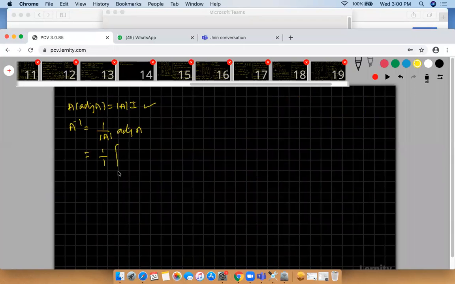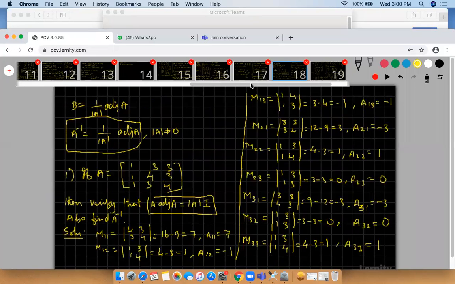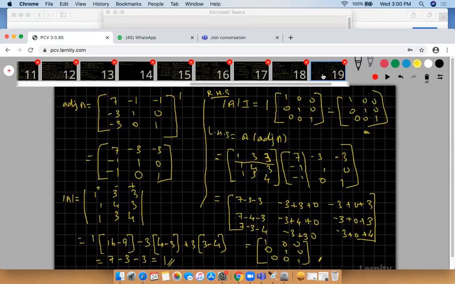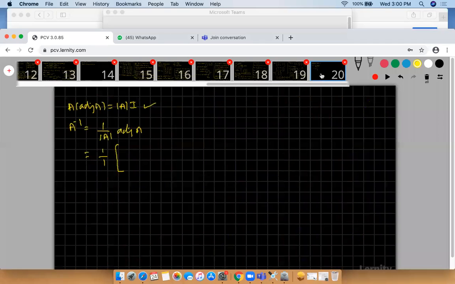What is the adjoint of A? This is my adjoint of A. Okay. So this is 7, minus 3, minus 3, minus 1, 1, 0, minus 1, 0, 1.